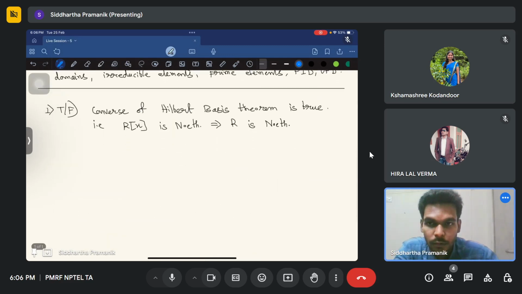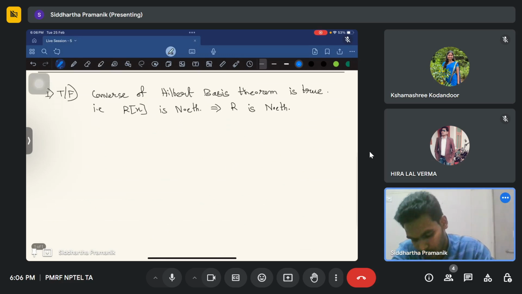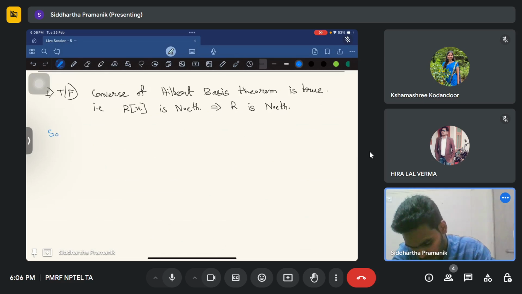Try to recall the results which have been proved right after defining Noetherianness. If R[x] is Noetherian, that will imply that any quotient is also Noetherian, right?